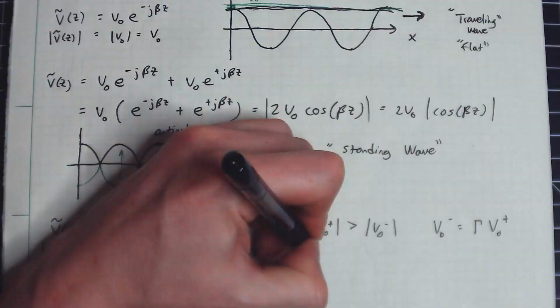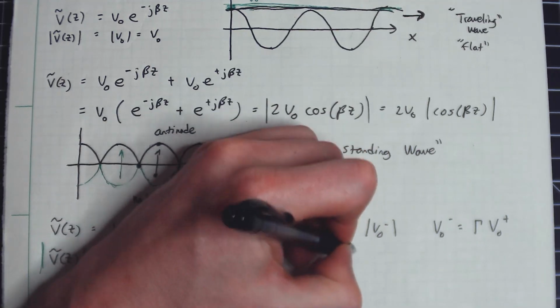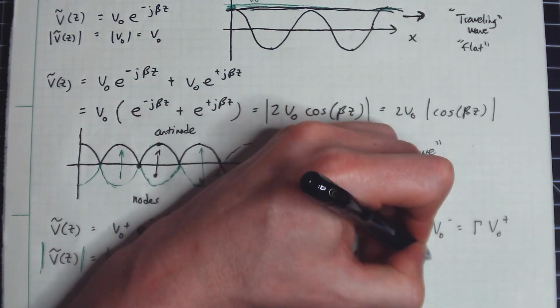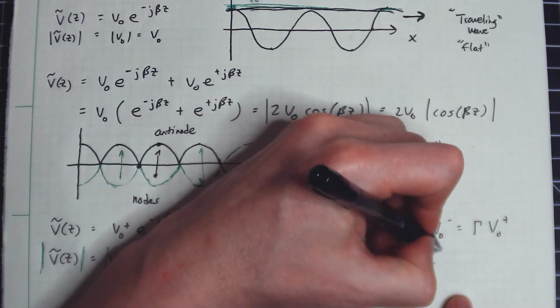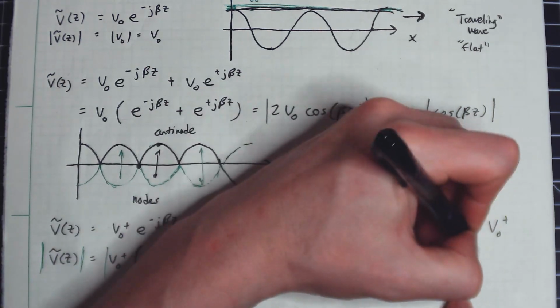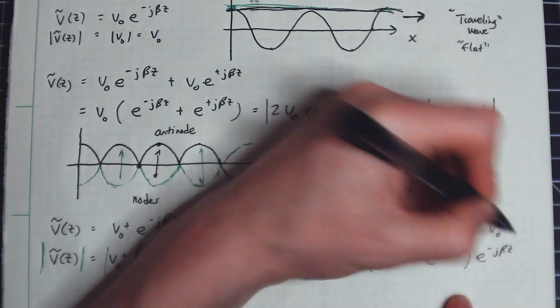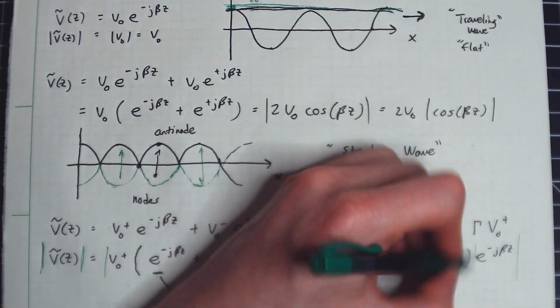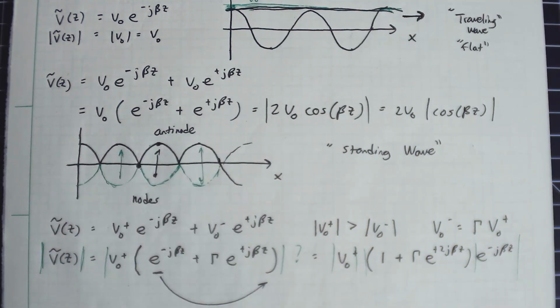So what I would instead get is V naught plus times 1 plus gamma e to the plus 2j beta z, times e to the minus j beta z. You notice I just factored this term out, which when I take the absolute value of all that, the magnitudes just distribute to everything, and this term is going to disappear because it has a magnitude of 1.